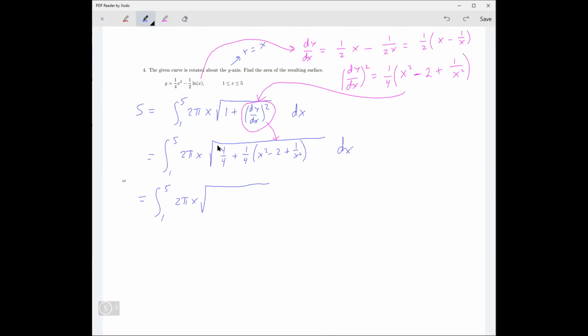So I can just put 4 minus 2 is +2. So I've got 1/4, and then I have x squared plus 2 plus 1/x squared.